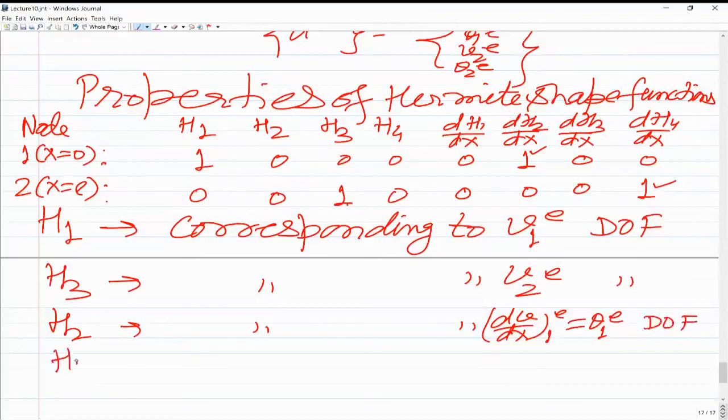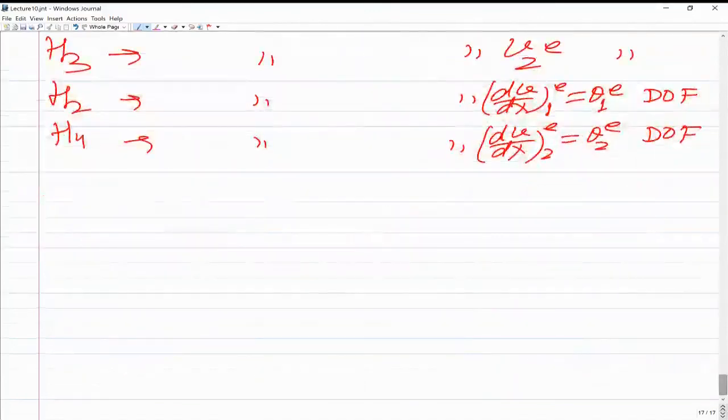And h4 corresponds to dv by dx at node 2 for the element, which we denote by theta 2e DOF. So these are the various corresponding shape functions: h1 corresponds to v1, h3 corresponds to v2, h2 corresponds to theta 1, and h4 corresponds to theta 2.